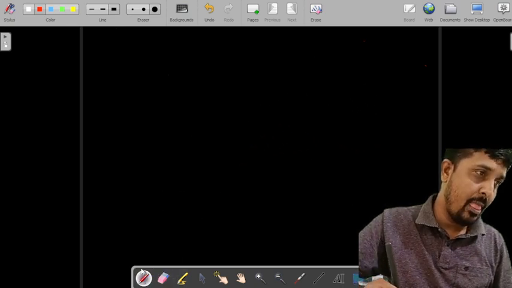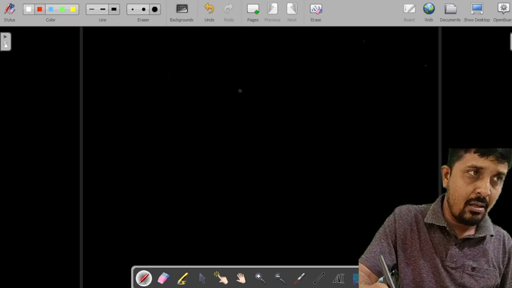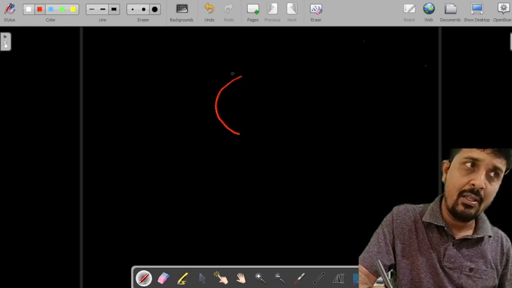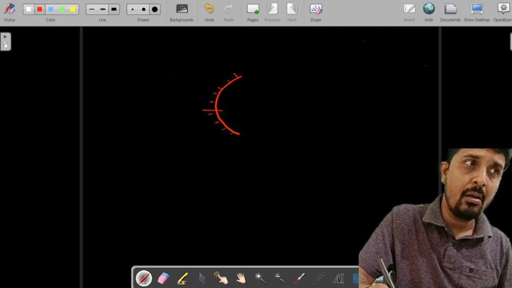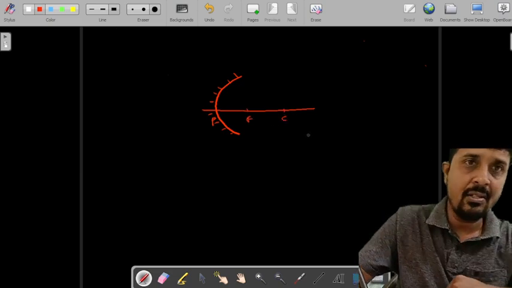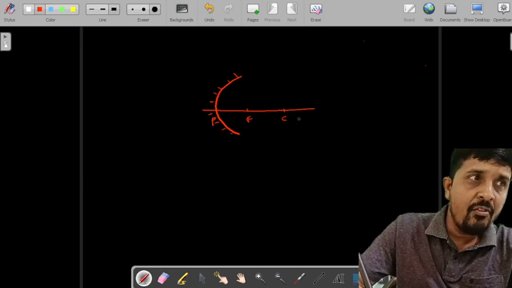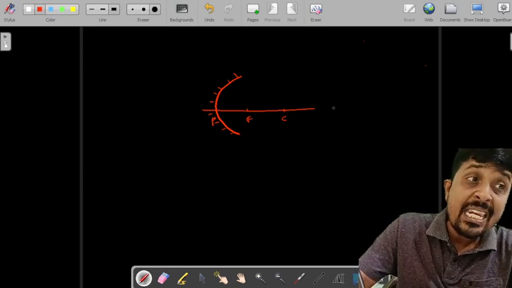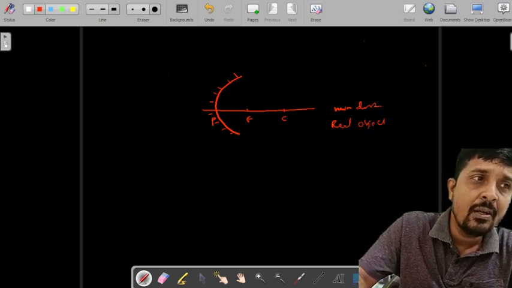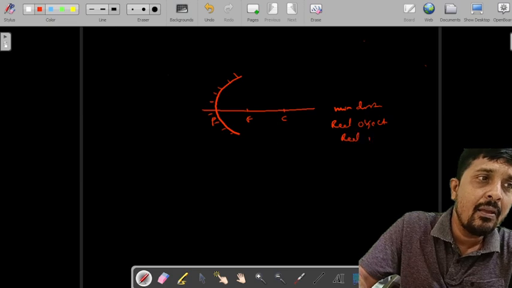Okay. And one more question I just want to discuss with you. This is a concave mirror, P, F, C. Once I saw this question in a textbook: what is the minimum distance between a real object and a real image?